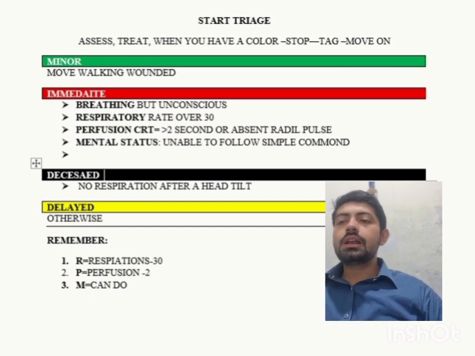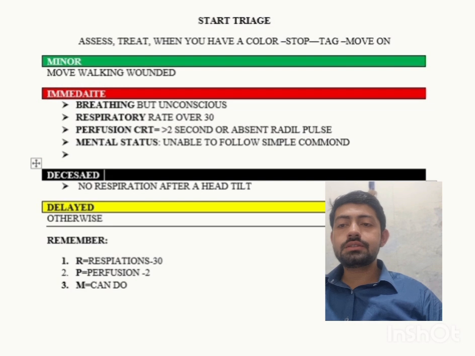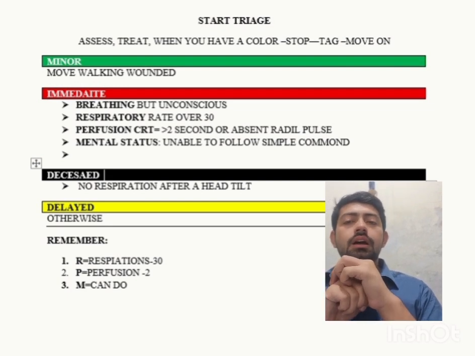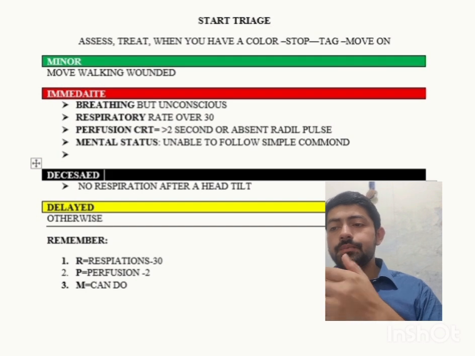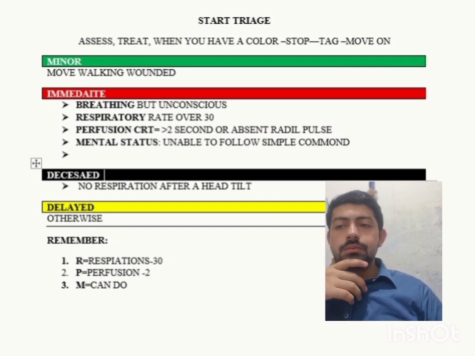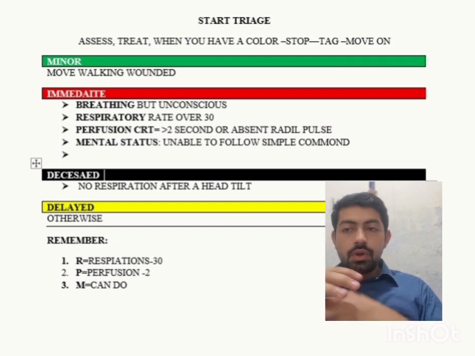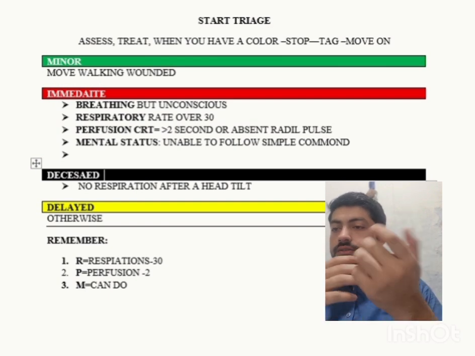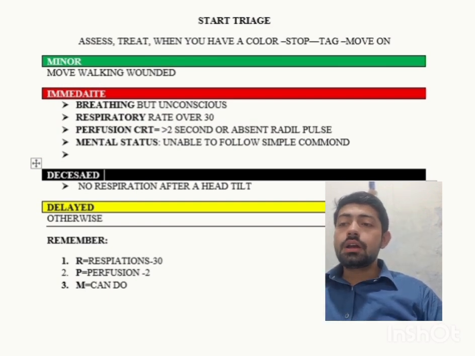START Triage helps rescuers assess patients in less than 1 minute and assign them a color category. The main principle is to quickly assess, give a color tag, and move to the next patient as soon as possible.